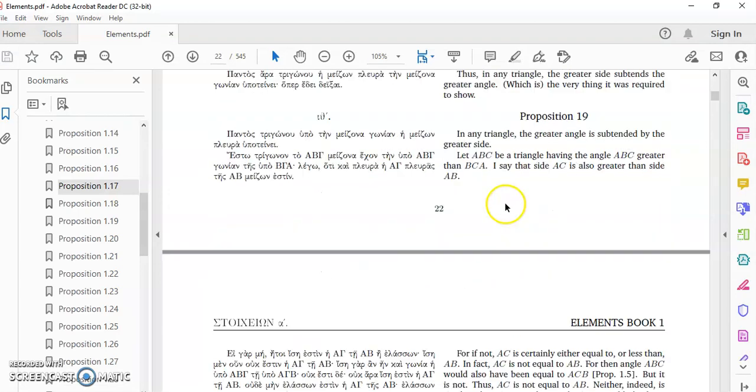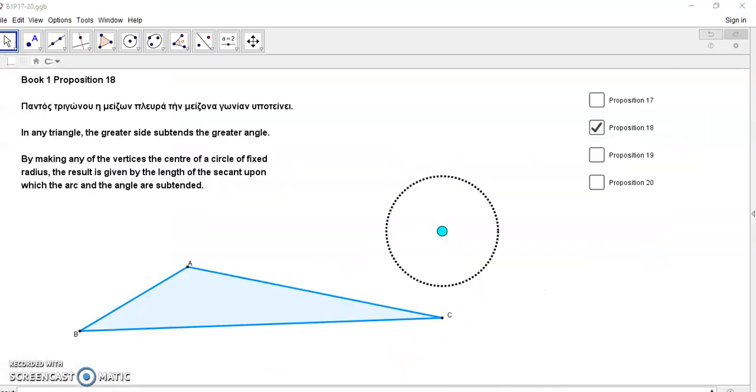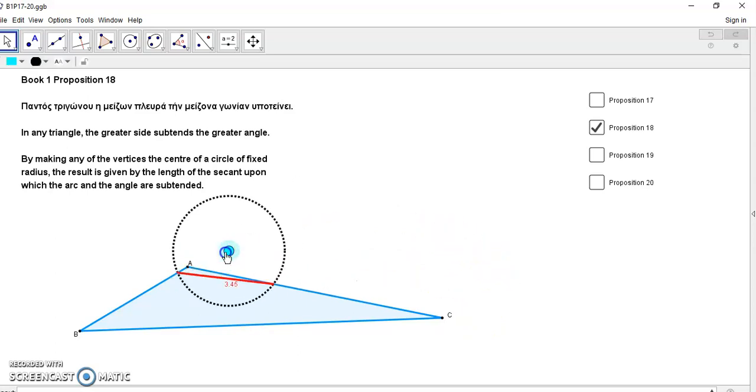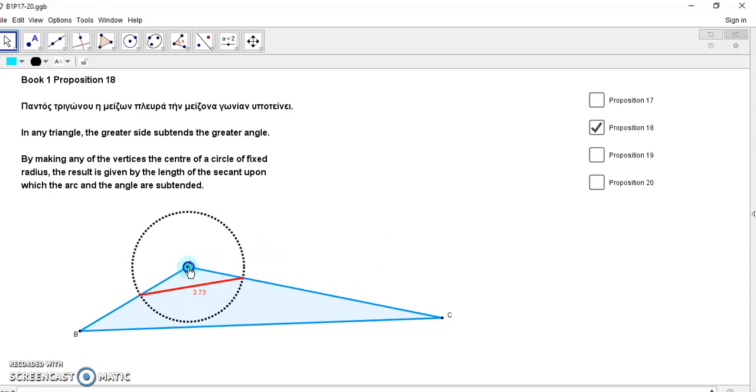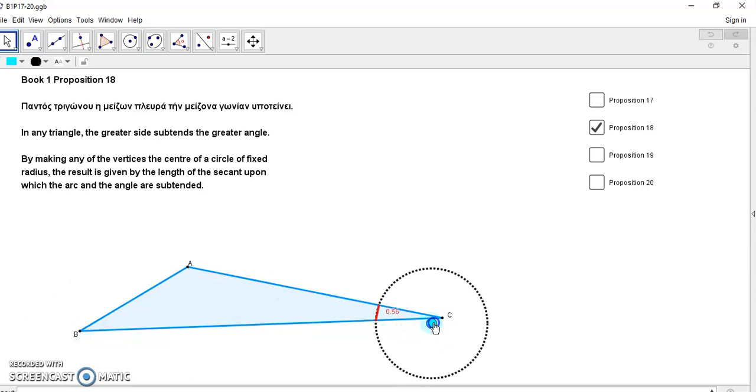Well, it's proposition 19, and it's really unnecessary, because all one has to do is to just take a circle of fixed radius and position it over each of the vertices. So in this case we can see that the secant on which the angle is subtended is 3.73, and here it's just under 1, and here it's close to a half.